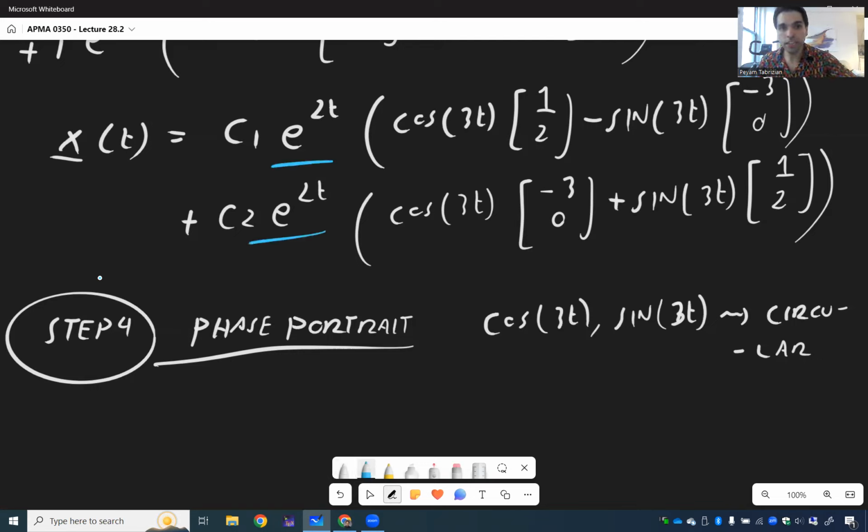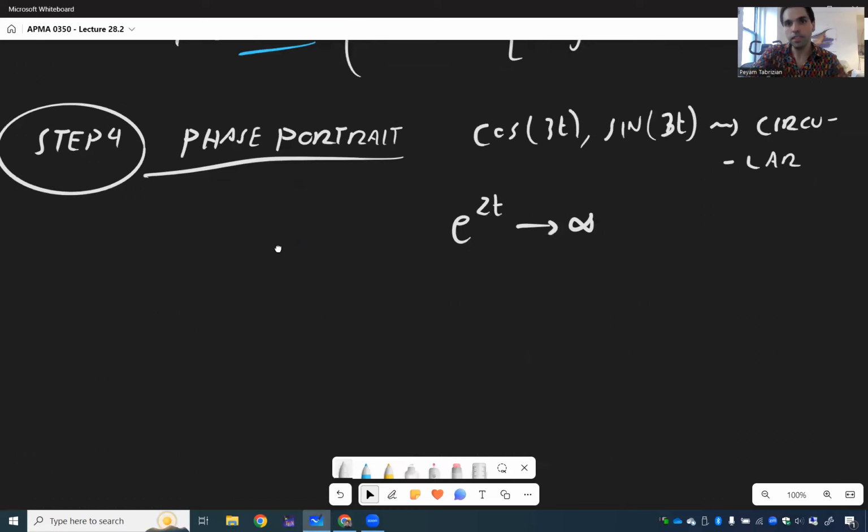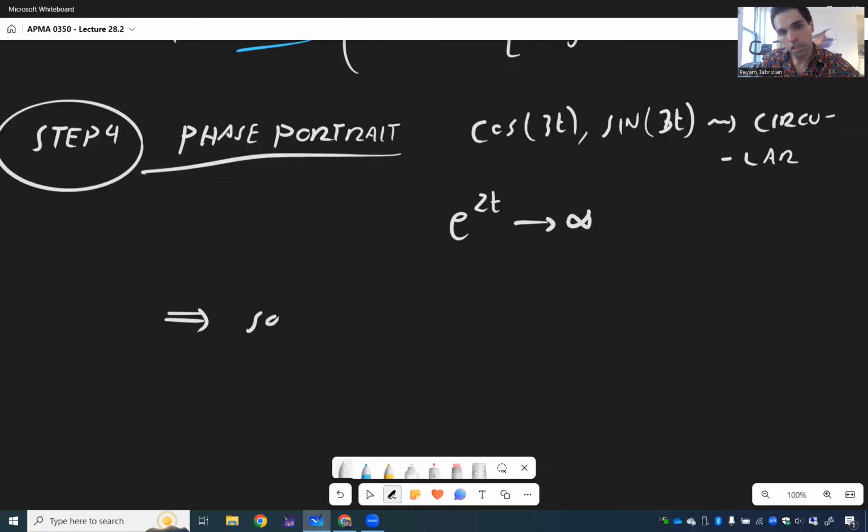But here, this e to the 2t blows up to infinity. This e to the 2t actually goes to infinity as t goes to infinity. So essentially, the solutions circle around, but actually get bigger and bigger. And what this really is, it's a spiral. So solutions spiral outwards.